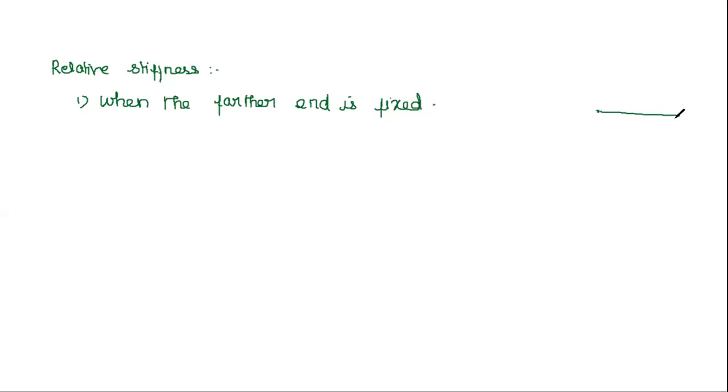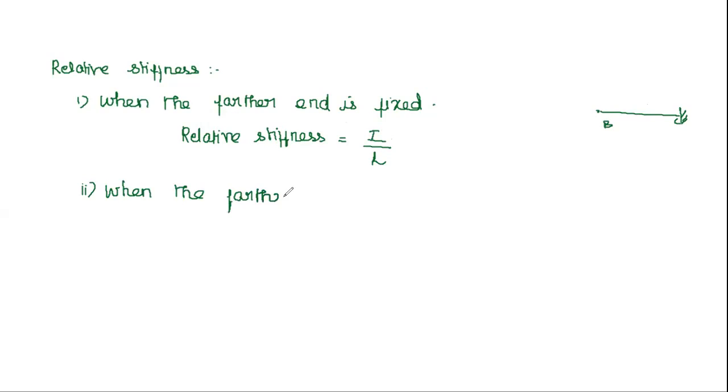We are looking from joint B and C is fixed, which means the relative stiffness is equal to I by L. Second condition: when the farther end is hinged, the relative stiffness is equal to 3I by 4L. While finding the distribution factor, these are the major terms which have much more importance. When the farther end is fixed, relative stiffness is I by L. When the farther end is hinged, the relative stiffness is 3I by 4L.